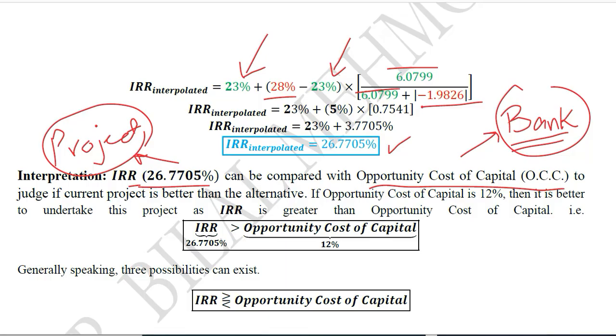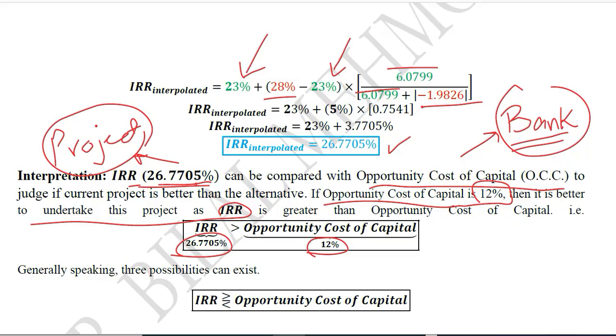For example, if the opportunity cost of capital is 12%, then it is better to undertake the project because IRR is 26.705, which is higher than 12%. So it means that the project on average on a yearly basis is giving us a greater return as compared to the opportunity cost of capital which is available from the bank or any other project.